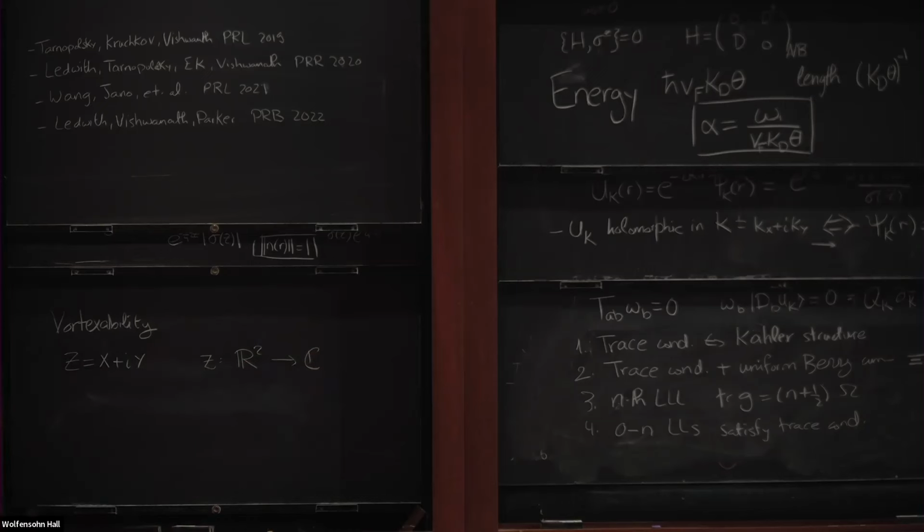I will not go into these details, but in this last paper, they explained in detail what gives a valid vortex function. These vortex functions can be very different, so they can be x plus 5iy, but they can also have some nonlinear effects that deform the vortex differently in different directions. But as long as the vortex function satisfies a certain set of conditions, all these arguments go through.